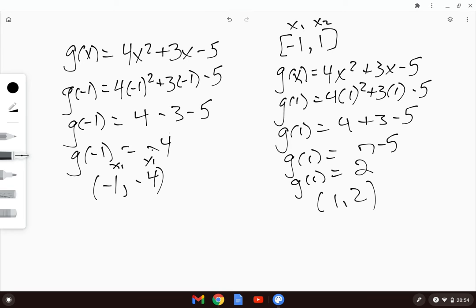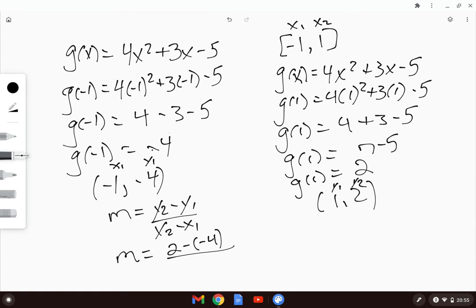So now what I need to do is use my slope formula to find the slope of the secant line, which is going to give me my average rate of change over this interval. So y2 is going to be 2 minus the negative 4, over x2, which is 1 minus the negative 1.